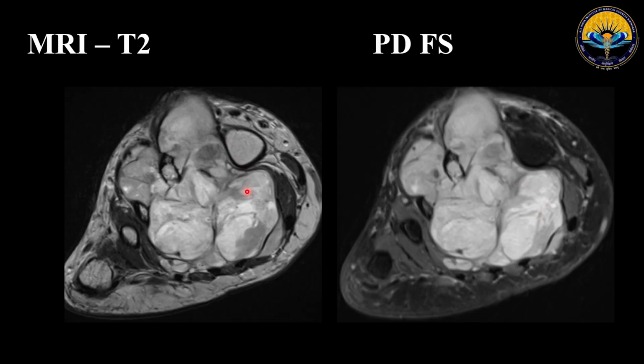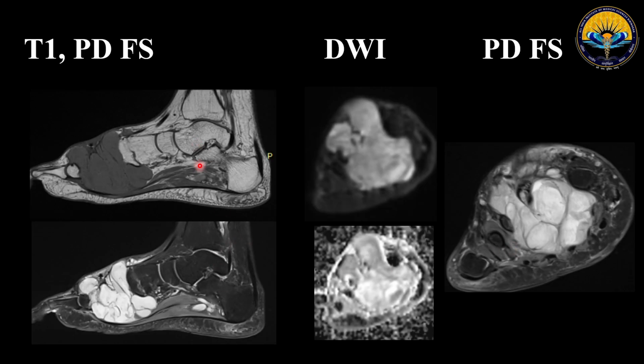So these are selected coronal T2 weighted and PDFS images. In the T2 weighted sequence, we can see a heterogeneously hyperintense lesion involving the dorsoplantar aspect, and this is causing widening of the first and second web space, intermetatarsal spaces. In PDFS also the lesion is hyperintense, and these are selected sagittal images of T1 and PDFS.